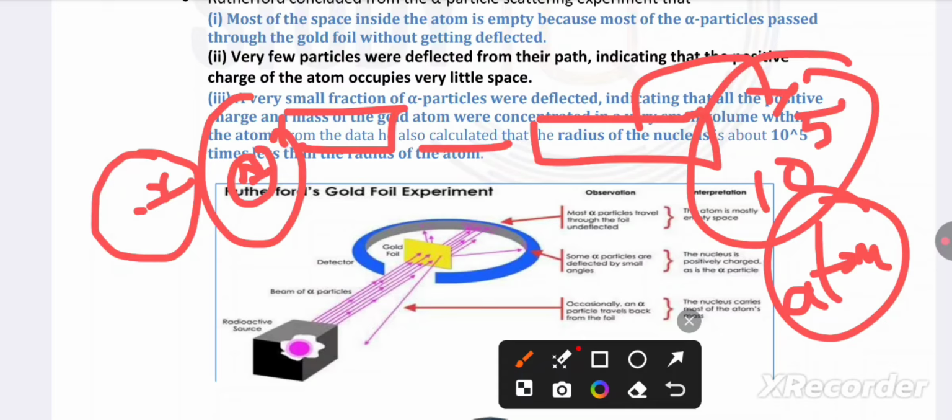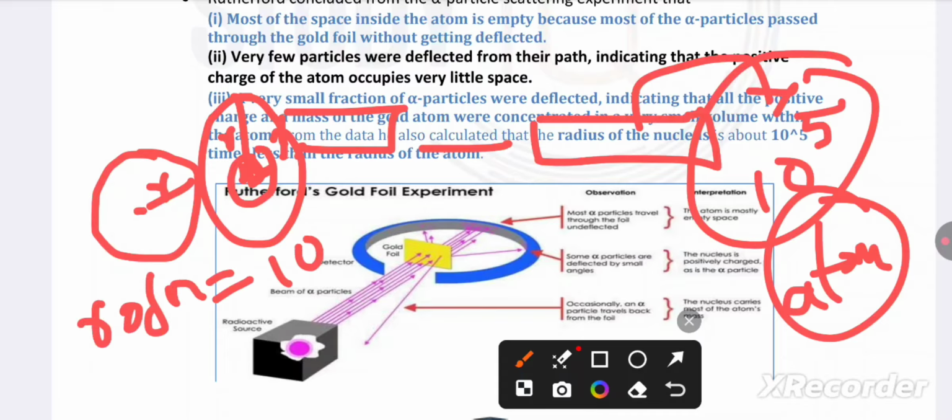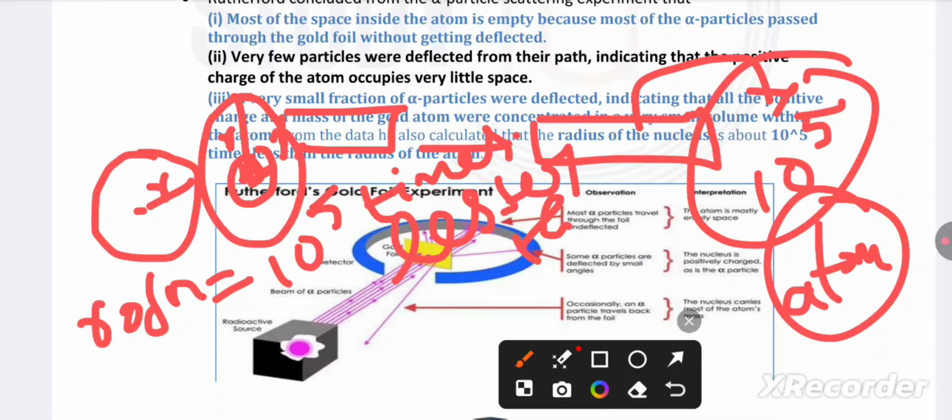That nucleus radius compared to the atom's radius is 10 to the power 5 times lesser than the radius of the atom.